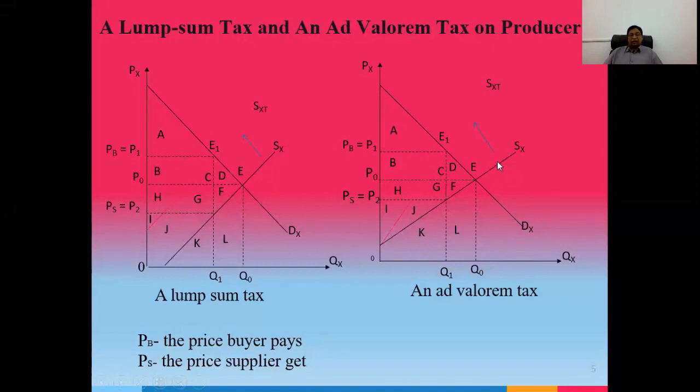Now we assume that the government imposes an ad valorem tax on producers, a percentage tax. Then the amount of tax rises as the price of the product rises. That is why the new supply curve after tax rotates toward the vertical axis by a large amount at higher prices and by a small amount at small prices.